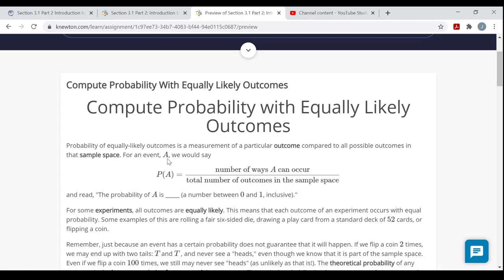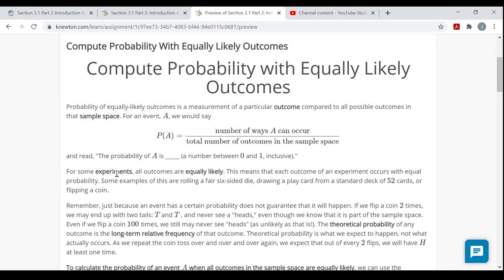For an event A, and you've seen the word event in section 3.1 part 1, the probability that A occurs is equal to the number of ways A can occur, or the number of outcomes in event A, divided by the total number of outcomes in the sample space. And again, this needs to be equally likely outcomes. Everything in the sample space has the same chance of occurring.